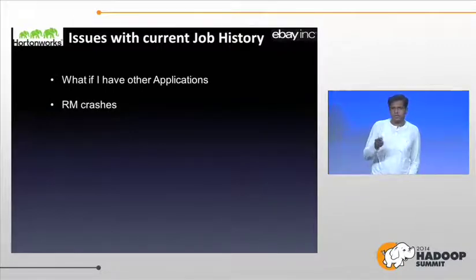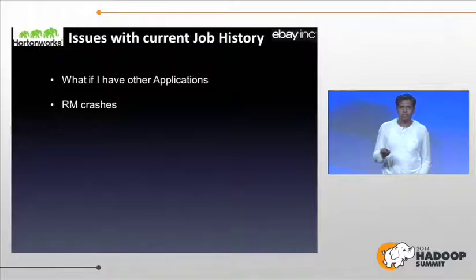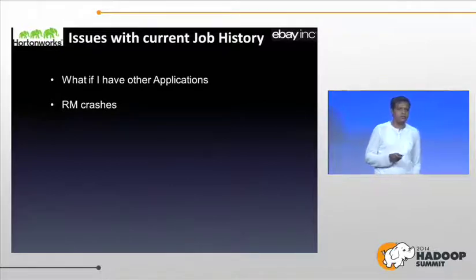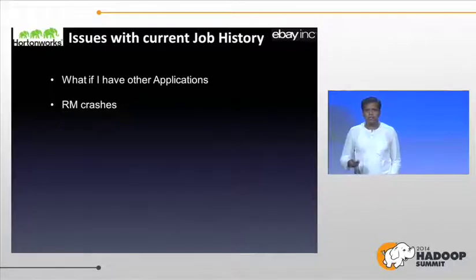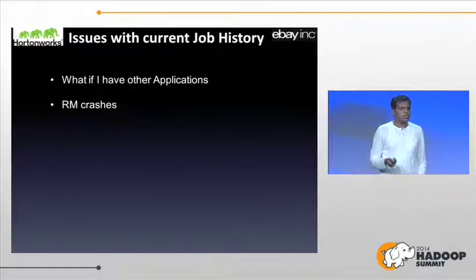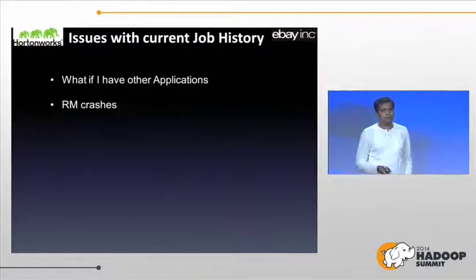What happens is, yes, you have a running job, and even for a completed job, your RM stores all the information and keeps the historical information. But what happens if the RM crashes? You lose all the data. Once you start the RM, you will not have any information about the job. You cannot go back and look at what happened to your job, because the RM doesn't have that information anymore.